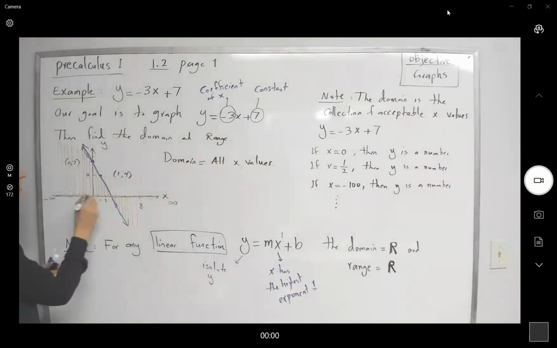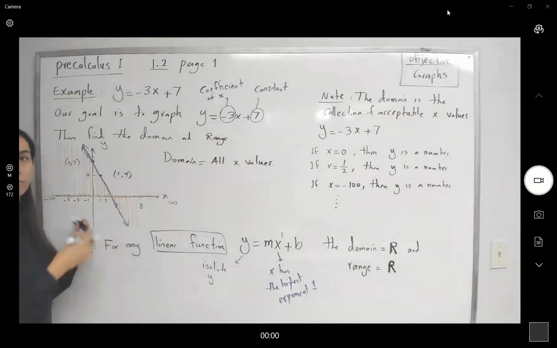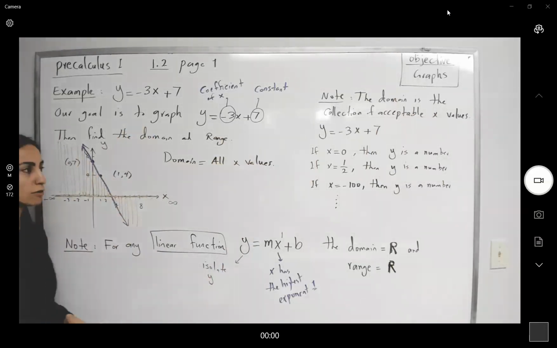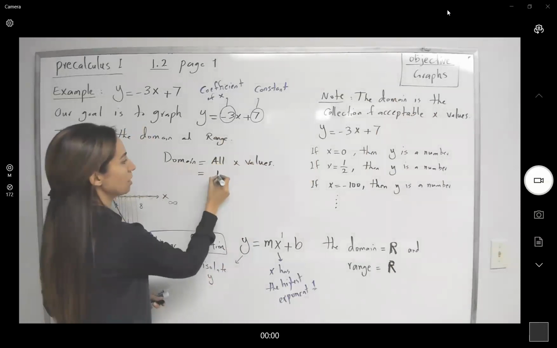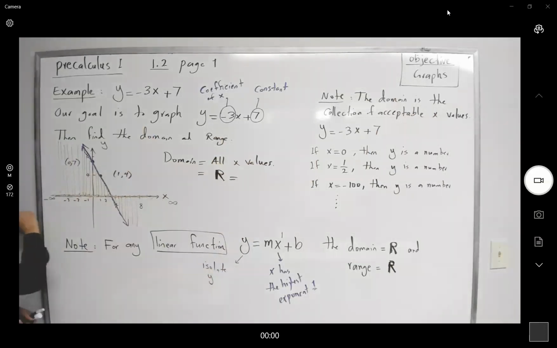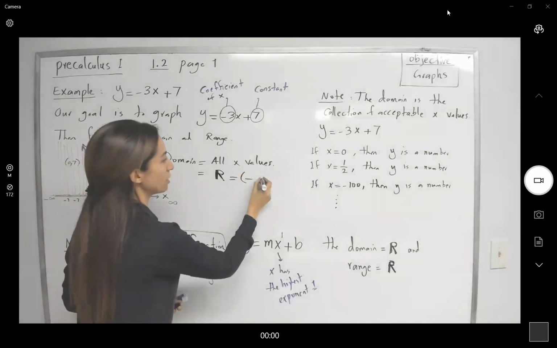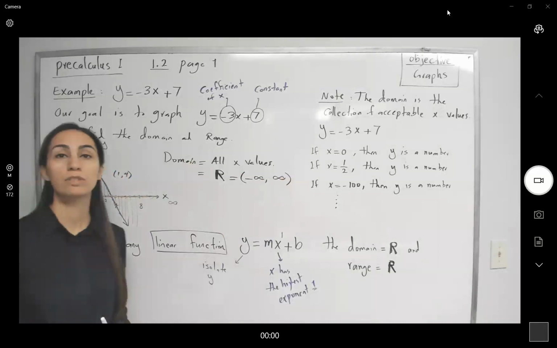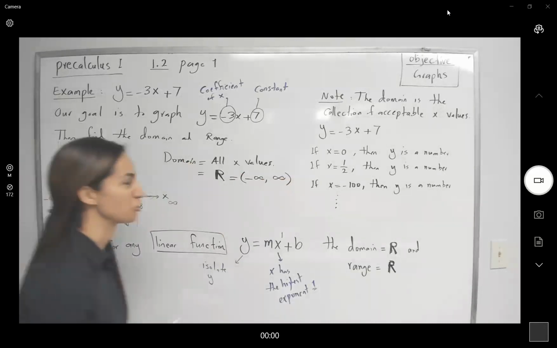From left to right, you have real numbers. And all of the fractions are involved, radicals are involved. So the domain is R itself, or from negative infinity to positive infinity. Well, how do we define the range?